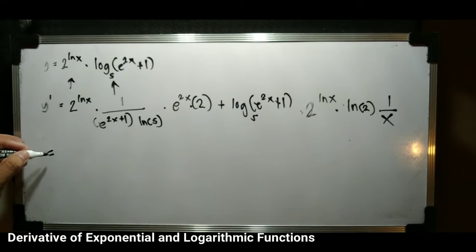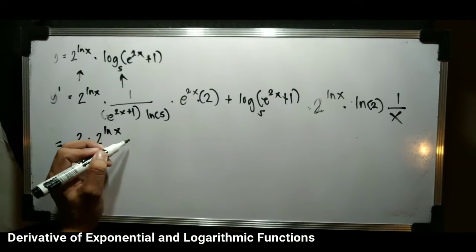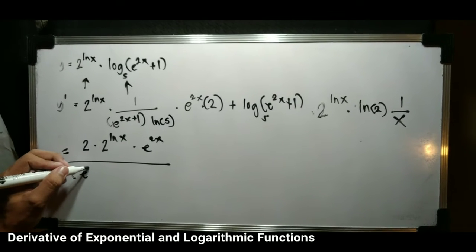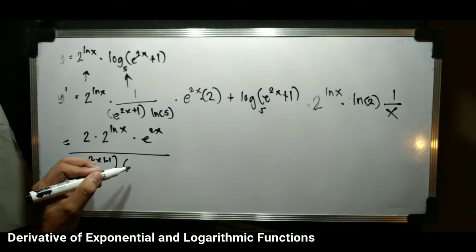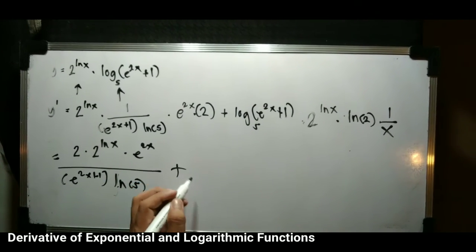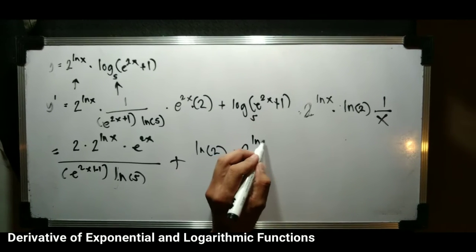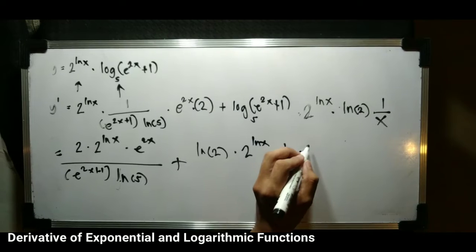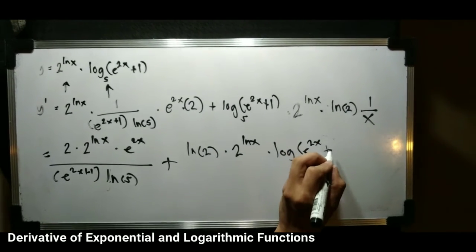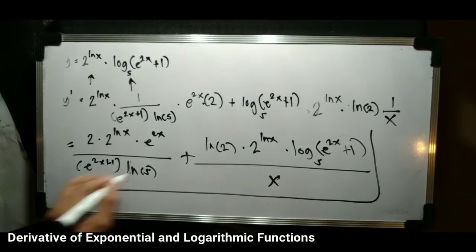Then we can now simplify, which will become 2 times 2 raised to ln x multiplied by e raised to 2x over e raised to 2x plus 1 multiplied by the ln of our base 5, plus the ln of 2, multiplied by 2 raised to ln x times the logarithm of e raised to 2x plus 1 base 5, all over x. So this is now our final answer.